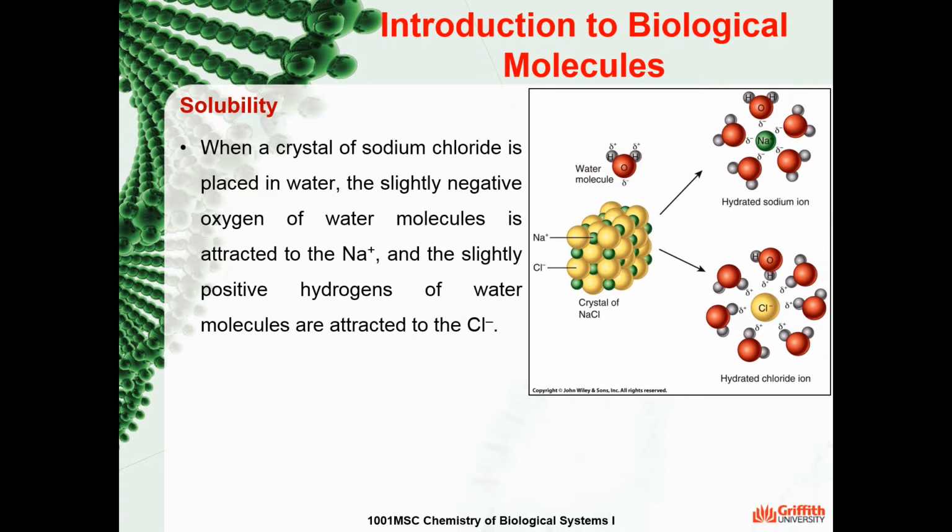So when we add salt to the water, you can see that the water molecules surround the sodium and chloride ions as explained in the diagram. The sodium ions will be surrounded by the oxygen atoms that carry partial negative charge. Likewise, the chloride ions will be surrounded by the hydrogen atoms that carry a partial positive charge.